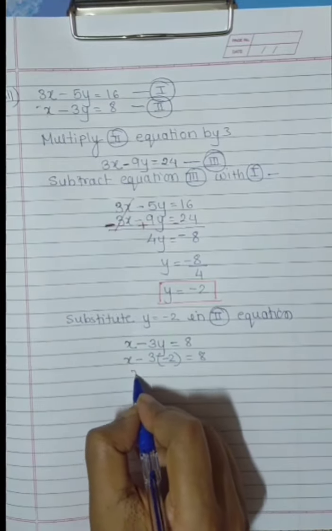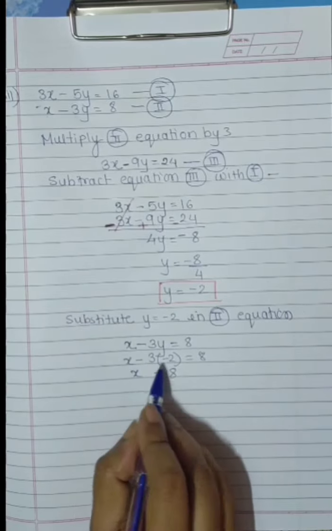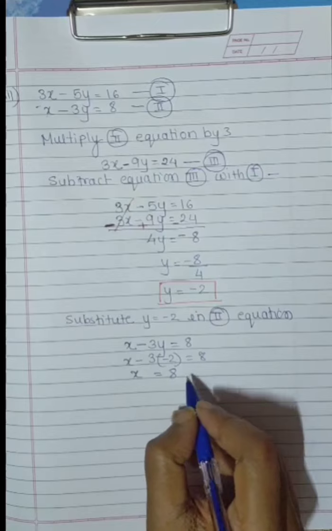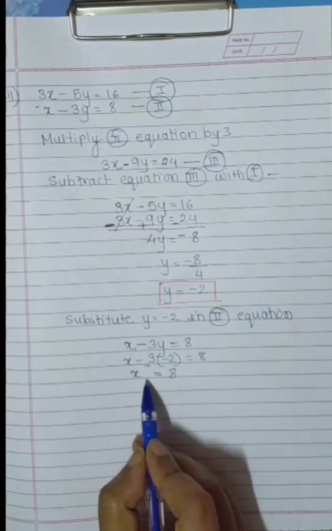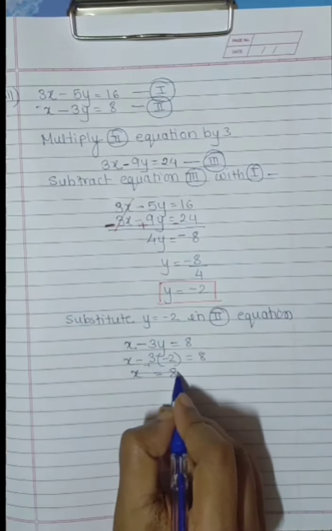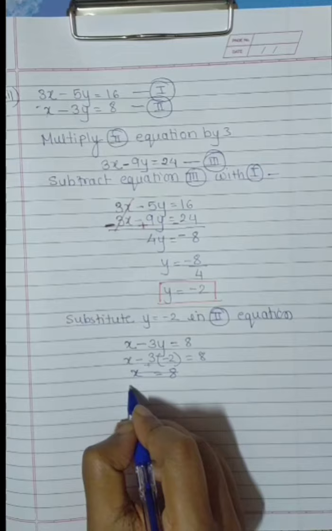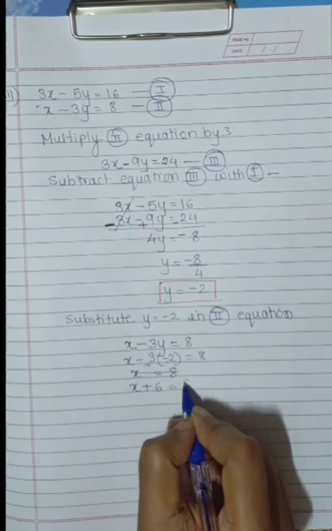Now x will stay here, now directly I am writing 8. This 3 times minus 2, the 6 will come to this side, minus minus will become plus. So I don't want to skip, I will explain to you. See here, x plus 6 equal to 8.